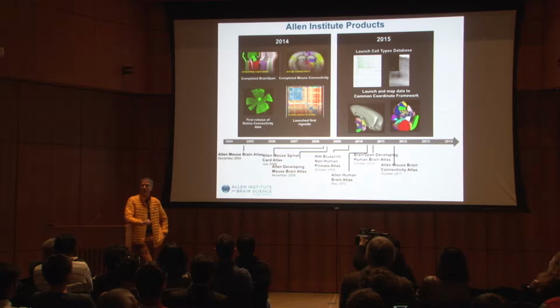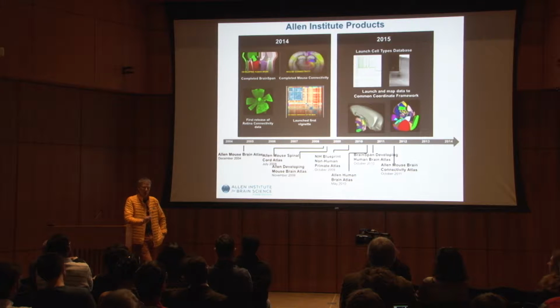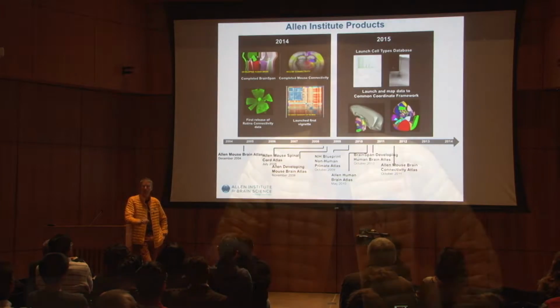So if you look for a particular gene that you're interested in, let's say something in memory or in schizophrenia, you can go to our website, download a three-dimensional brain browser, and see in high resolution, in detail, where this gene is expressed in the mouse brain, in the developing mouse brain, in the monkey brain, in the developing monkey brain, in the developing human brain with fetuses, and in the human brain. Over the last 10 years, we've released all these atlases. These are very large-scale resources that take between 50 and 100 people to produce and put online.